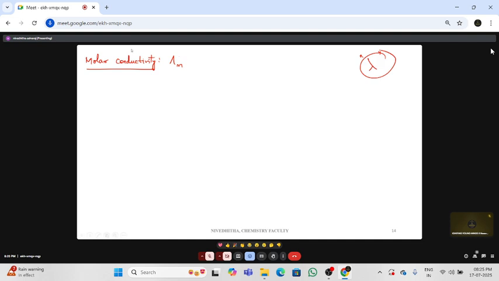Okay. So I'm going to have an electrolytic solution. Basically, I'm going to dissolve electrolyte in water and whose concentration is 1 molarity. So in this electrolytic solution, we'll be having a lot of ions, right?